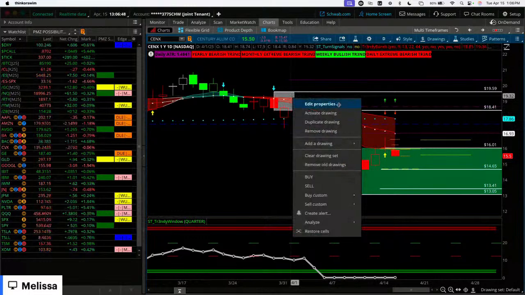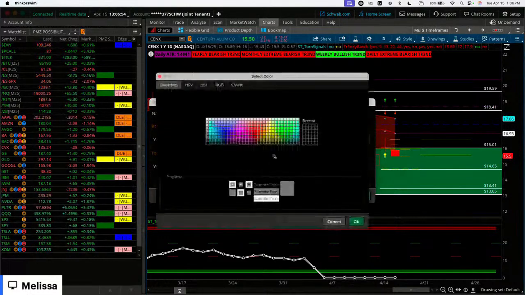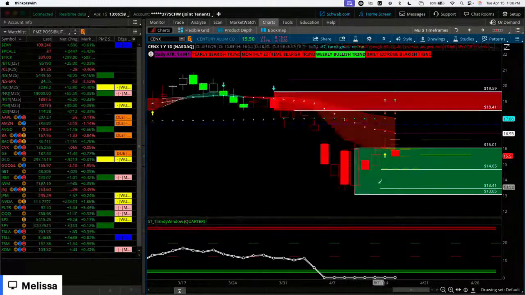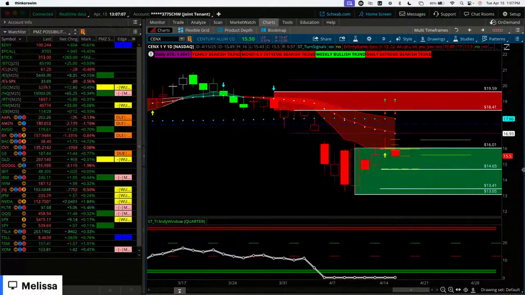But these are your two opposing zones. And as a supply and demand trader, I'm looking to go long in demand, covering in supply, or going short in supply and covering in demand. All right. So that is for CENX.